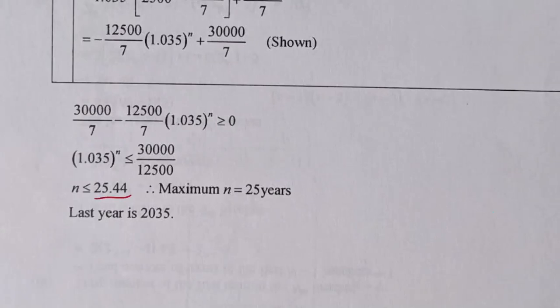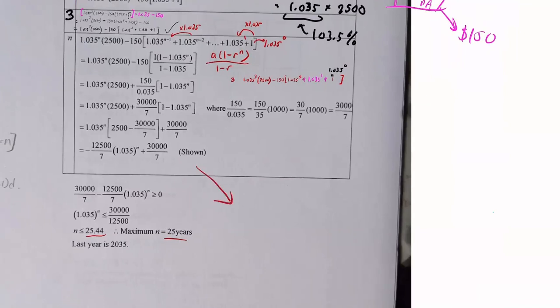We use this 25.44 and the 25 as an approximate for our answer. Then we just manually use the expression here to calculate how much money is left inside the fund. So we just substitute the n with 25.